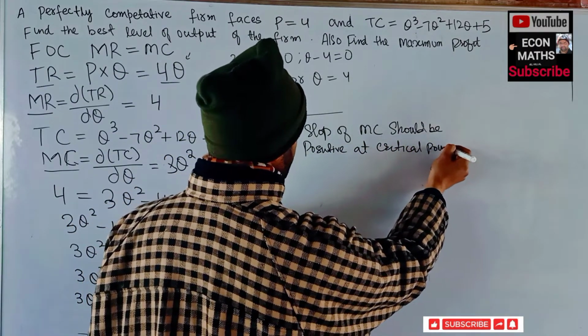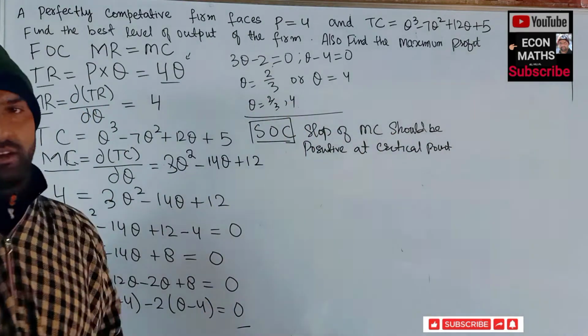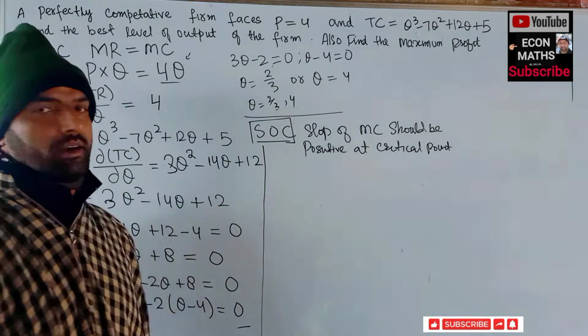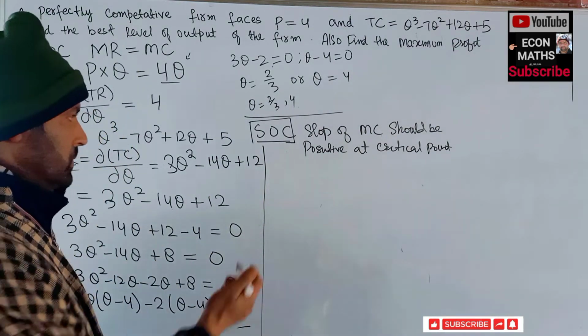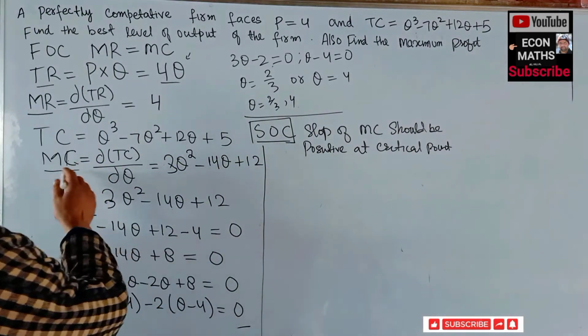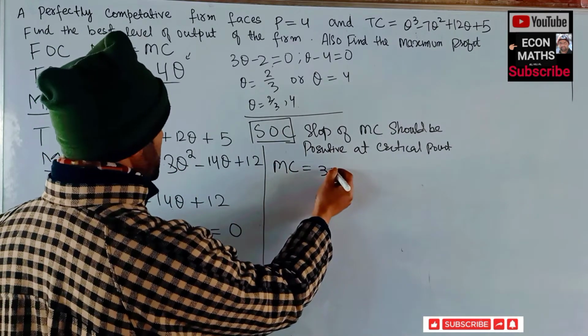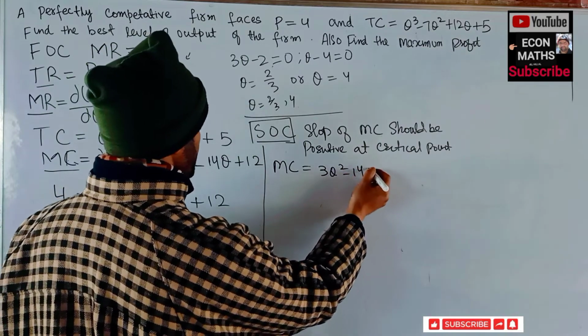Our critical points are 2 by 3 and 4. That means we have to differentiate the marginal cost curve now. Our marginal cost is given as 3q square minus 14q plus 12.